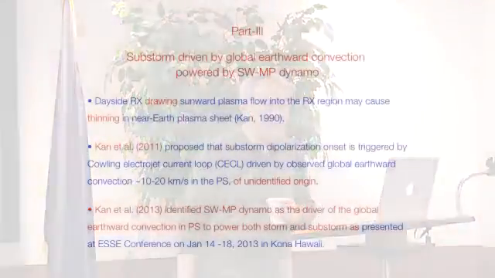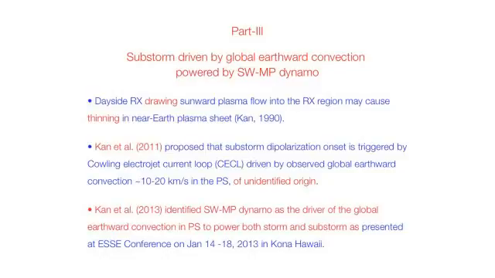So that brings me to this part 3, about what causes the substorm. It's driven again by the earthward, global earthward convection, which is powered by the solar wind magnetopulse dynamo.